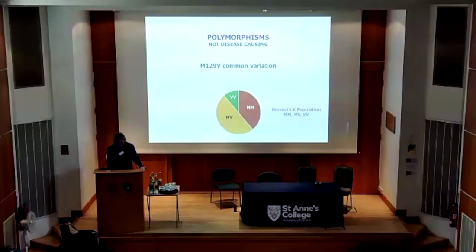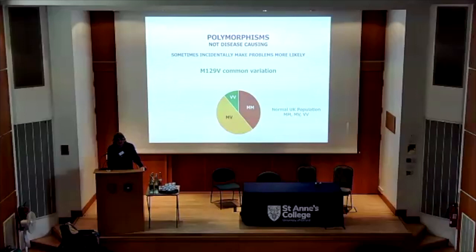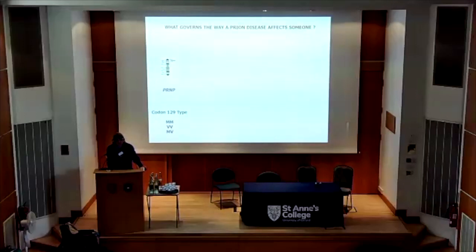You can see a pie chart here showing that about half of us are MV and just over a third are MM. And I said earlier on that polymorphisms sometimes incidentally make problems more likely, and it does appear that this common variation does affect the way that prion diseases affect somebody if they're unfortunate enough to develop them, but it is not in itself the cause.